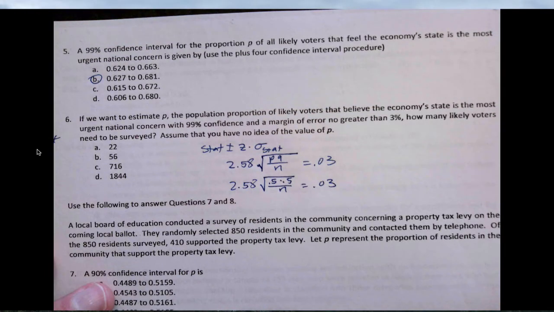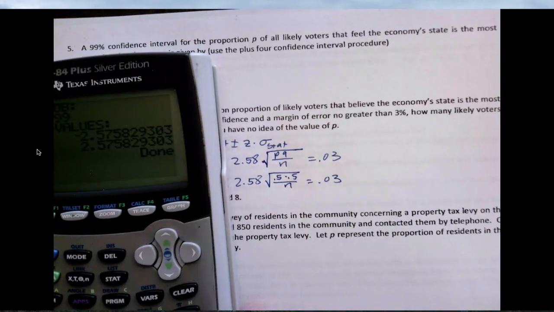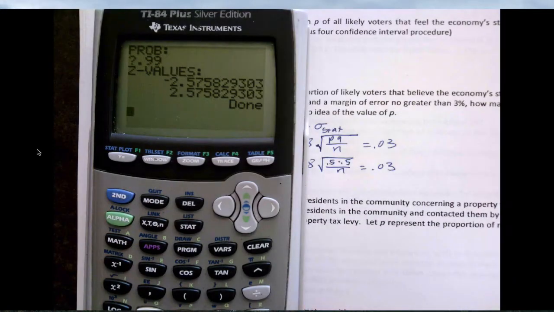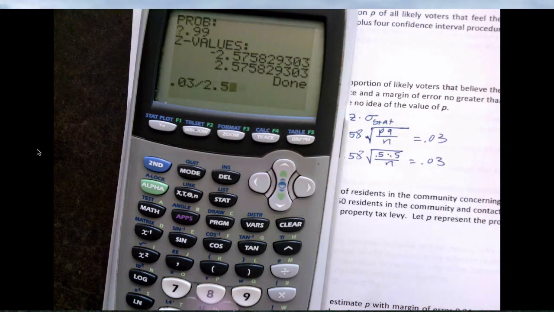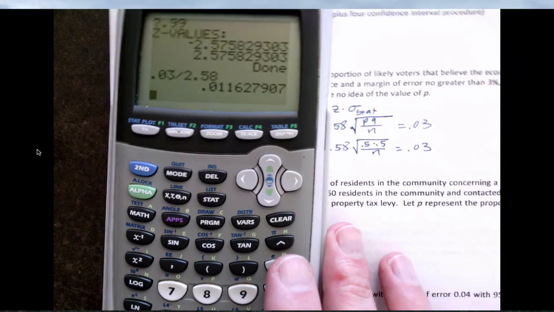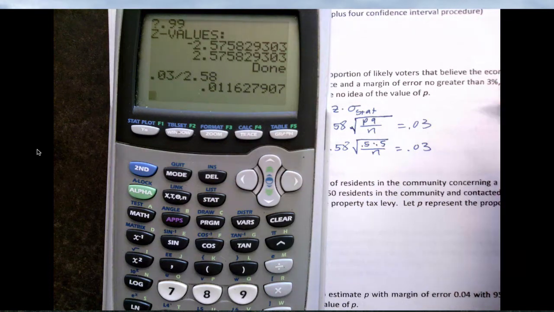So I'm going to take the 0.03 and divide by 2.58 and end up at 0.0116. I'm going to say that that is equal to the square root of 0.25 over N. Now I need to square that value.